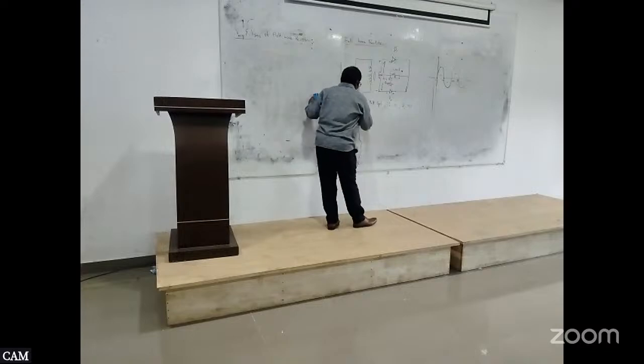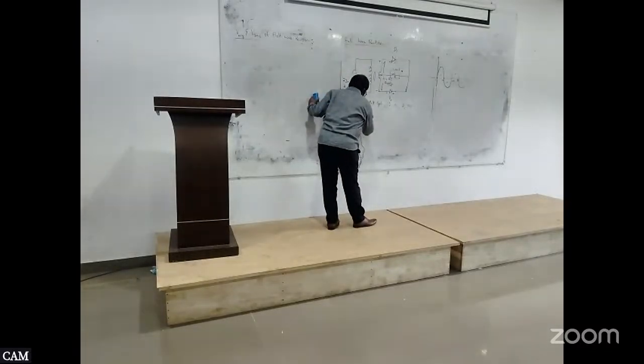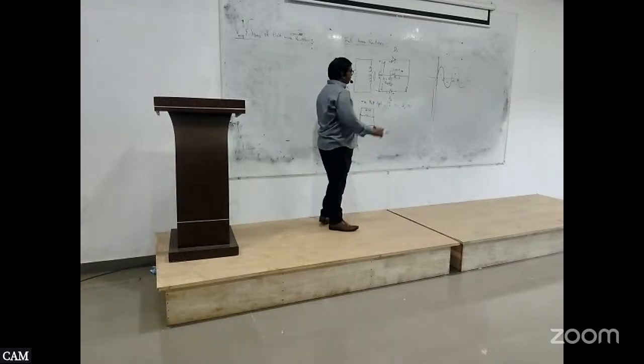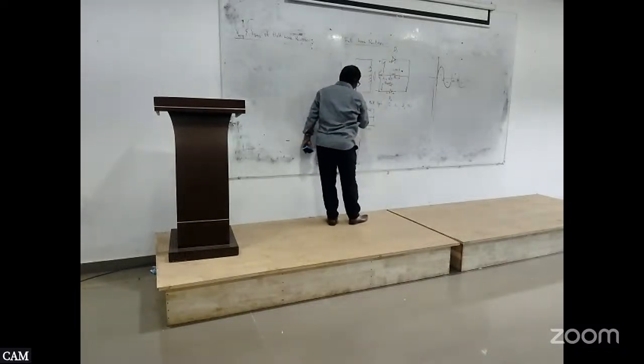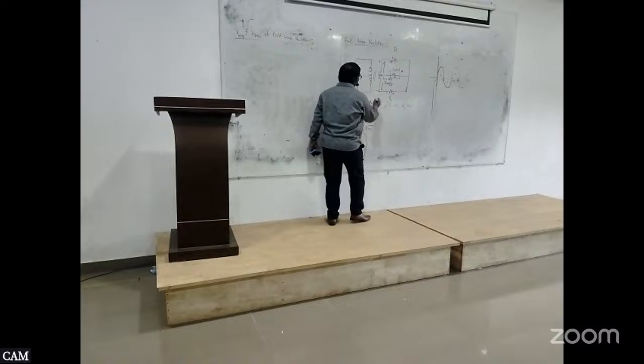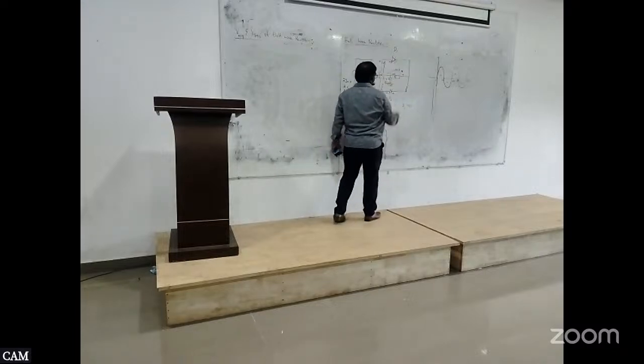It means the circuit will be now D1 on, D2 off. Here, at the secondary, during the positive half cycle, the current will flow like this, from positive to negative.